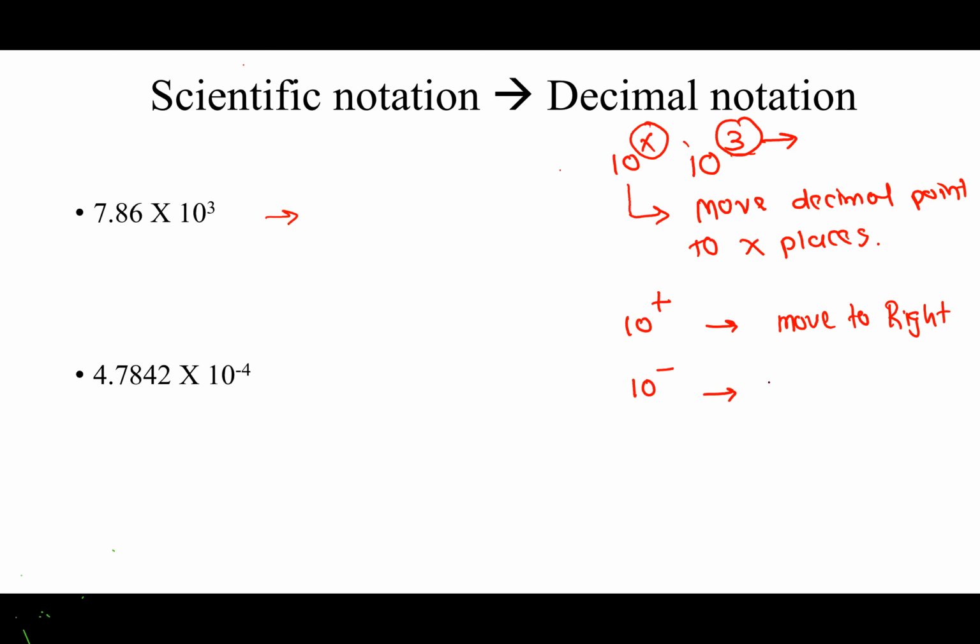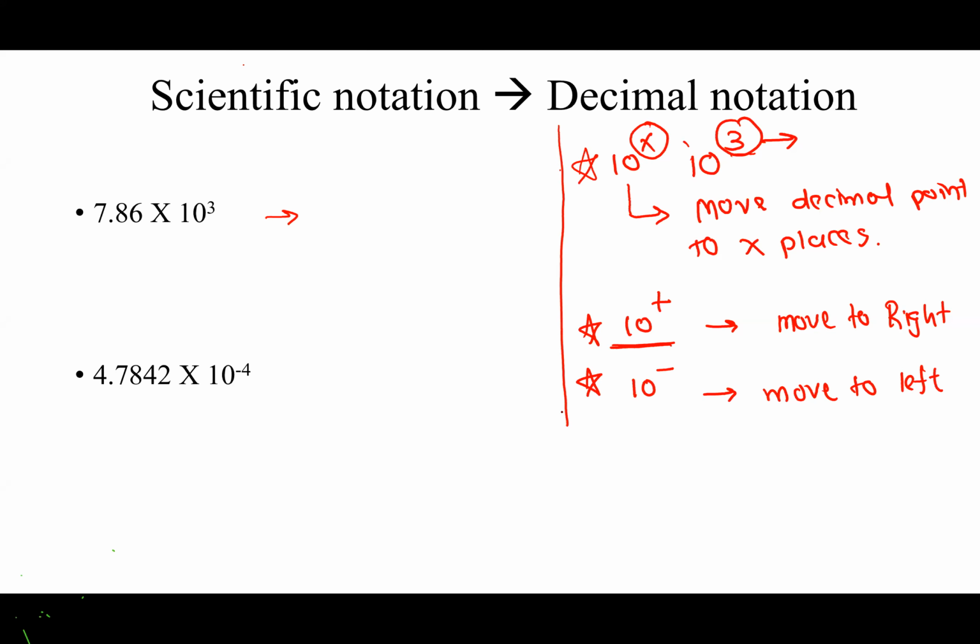And if it's negative, you're going to move your decimal place to the left. Because we are doing an opposite task, we move our decimal point in the opposite direction. Again, if you have 10 to the positive power, we move our decimal place to the right. If it's a negative power, we move our decimal point to the left. Do you guys follow this? Yes, sir.